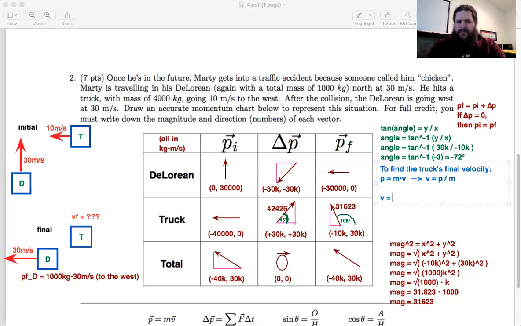Ignoring the direction for the moment, if we just take the magnitude, so 31,623 kilogram meters per second, and divide that by the mass, which was 4,000 kilograms, what happens to the units of measurement there? If you've got kilogram meters per second and you're dividing by kilograms, what's left?